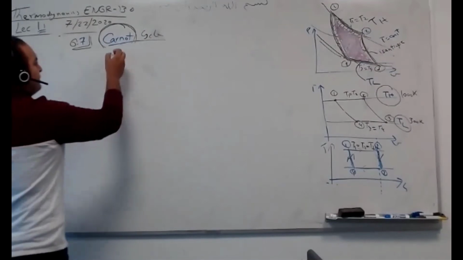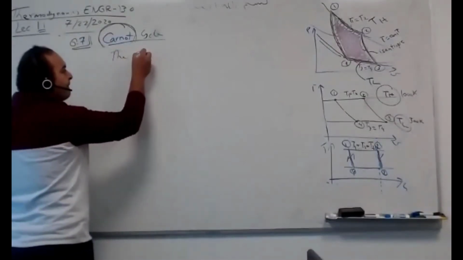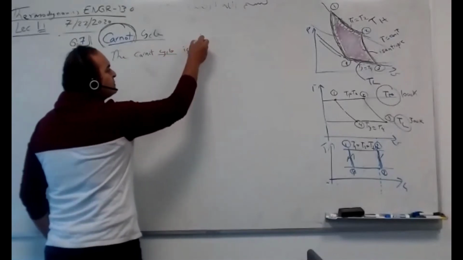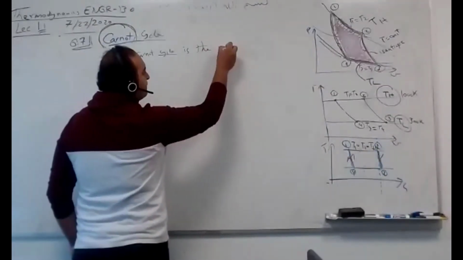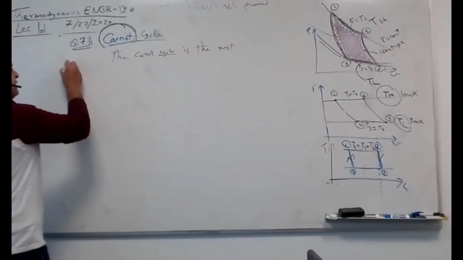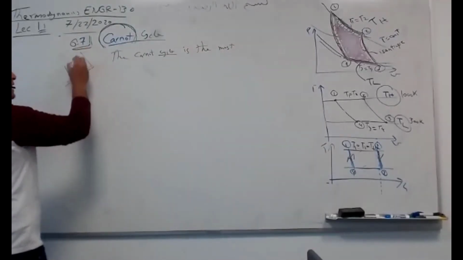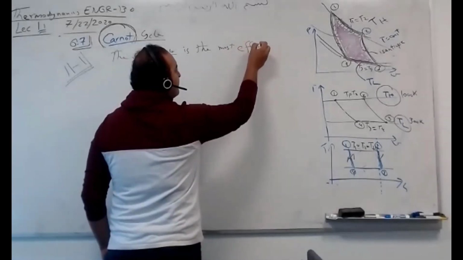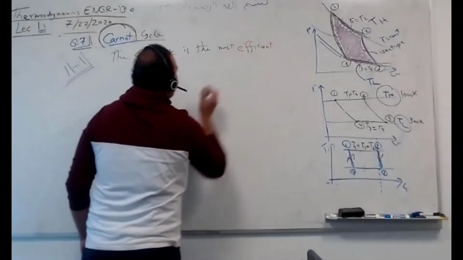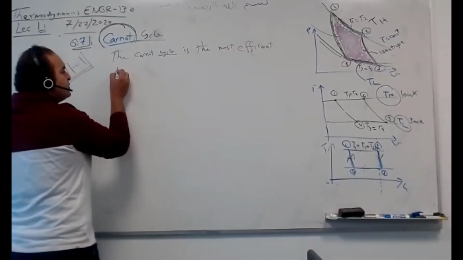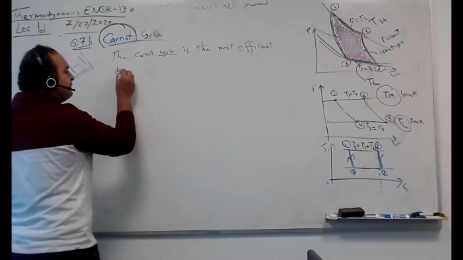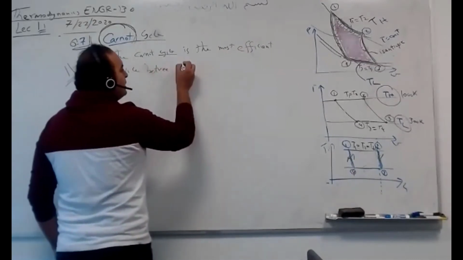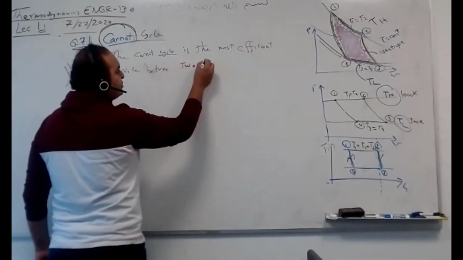The Carnot cycle is the most efficient device or system or machine between two temperatures.